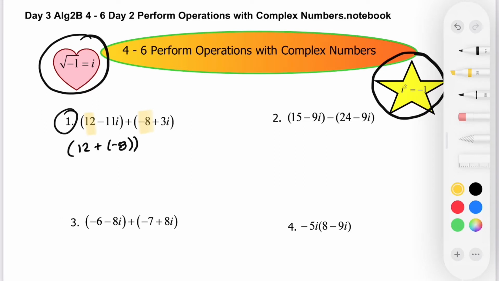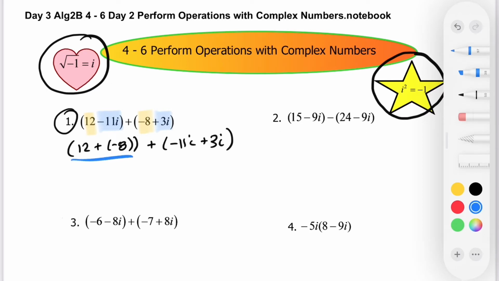And then we're going to add the imaginary parts together, so that's going to give us plus -11i plus 3i. We're just going to add these together as if they were like terms. So let's go ahead and do that.